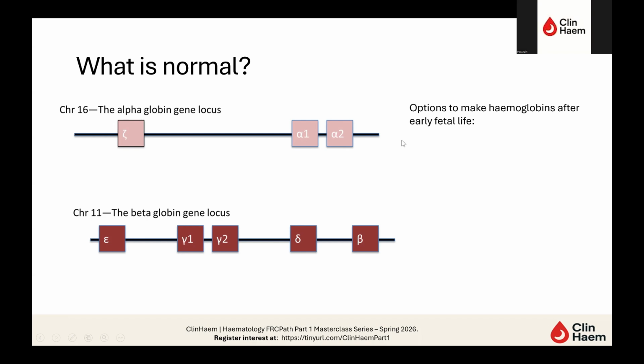You need two alpha chains and two beta chains. The only option you have is alpha. You don't have any other alpha-like as an option after early fetal life.